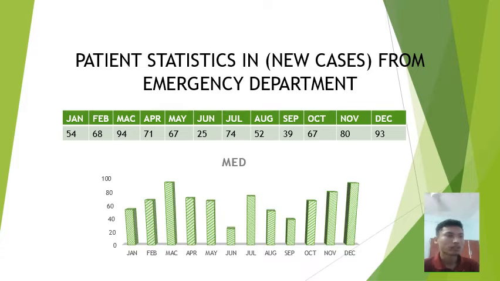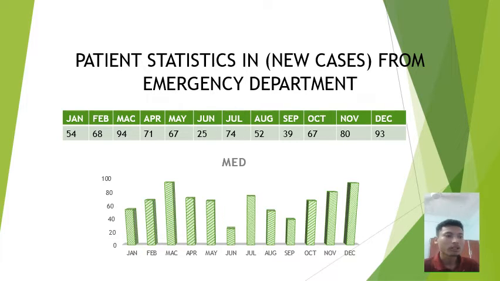As you can see, the title of the graph is the one that I mentioned just now. Secondly, we can see in the graph the y-axis represents the value of total patient in new case that come from emergency department.